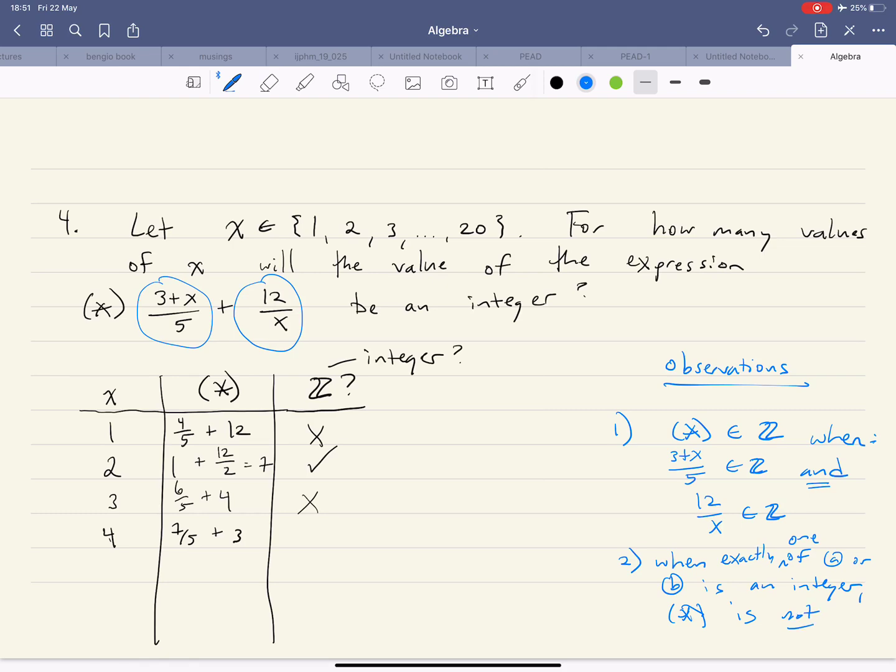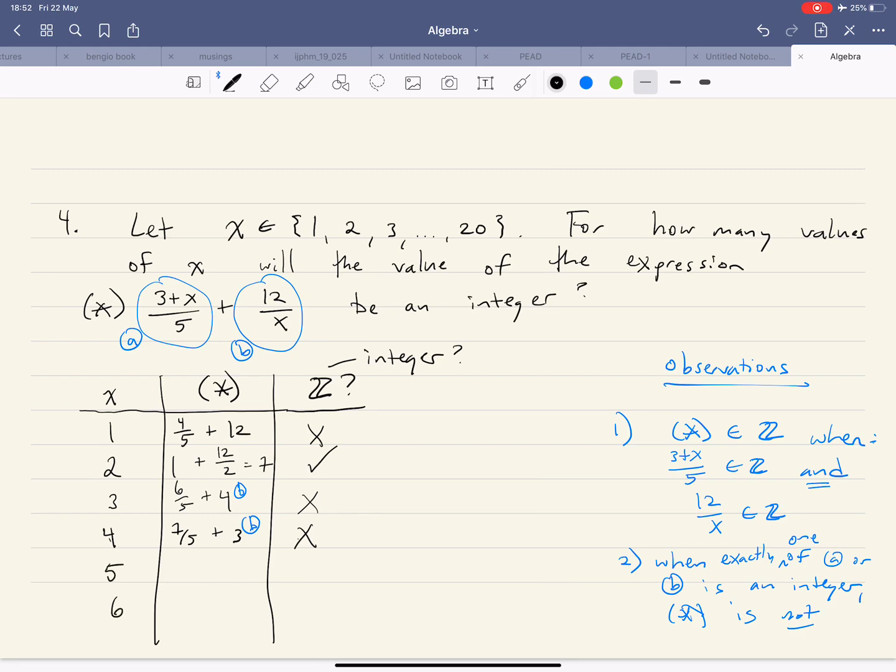Right? Because here, this is A, this is B. Here, B was an integer in both of these cases, but because A is not, these cannot be integers. Okay, that's really interesting.